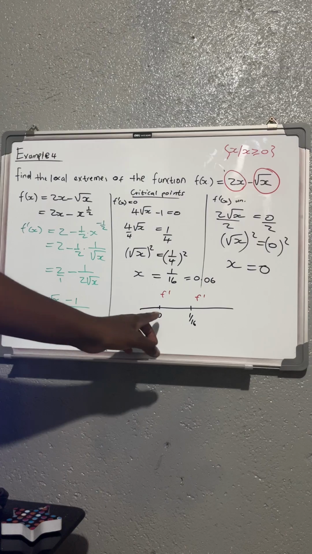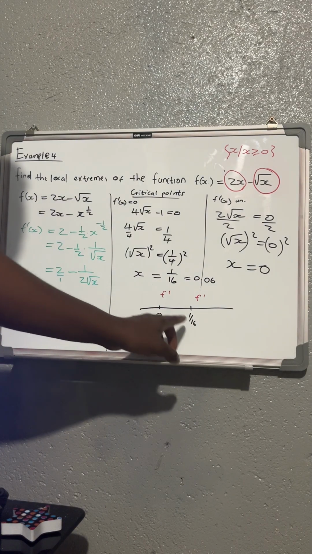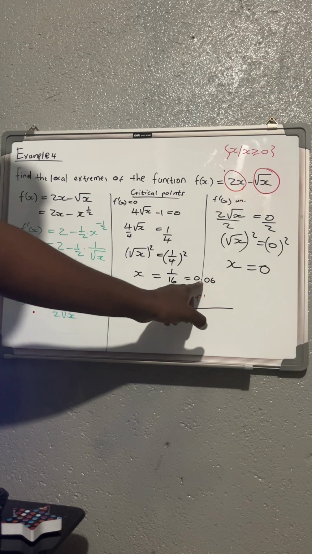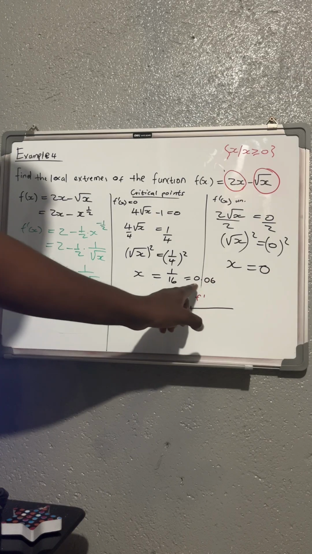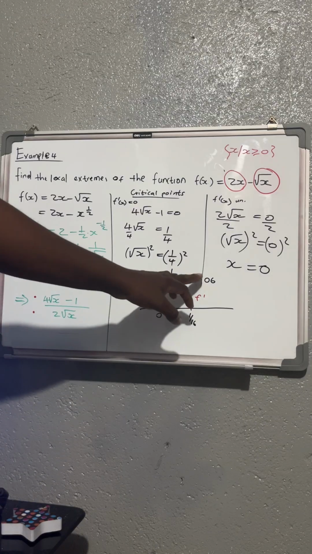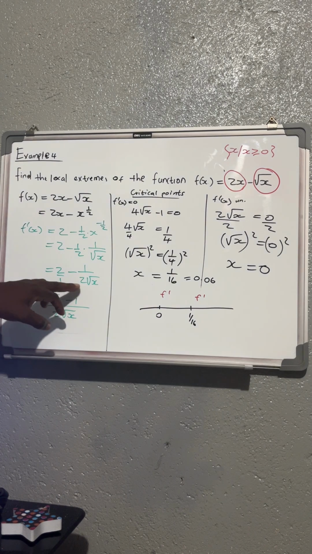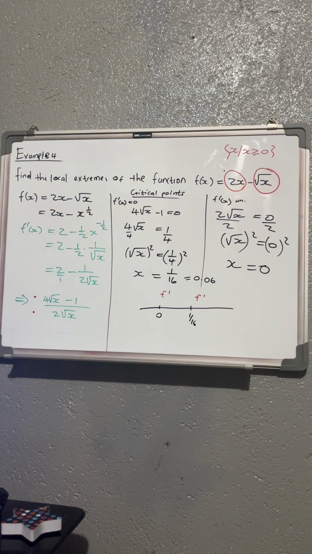So you're going to look for a number between 0 and 1 over 16, between 0 and 0.06. You can use 0.01 or 0.02 and input that one into this, or one that is simpler to work with. Even if you prefer this one or this one, it's fine.